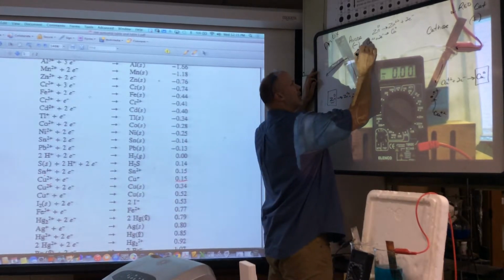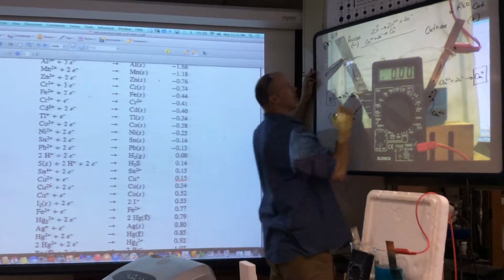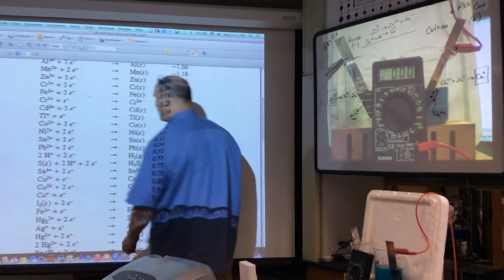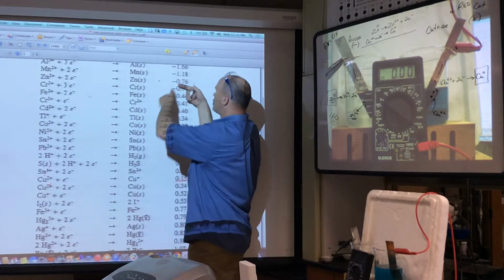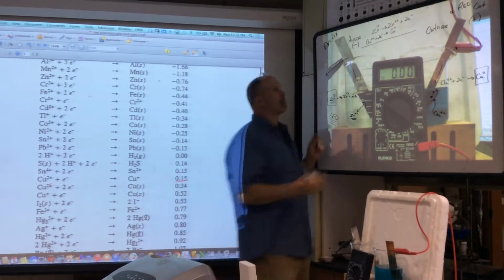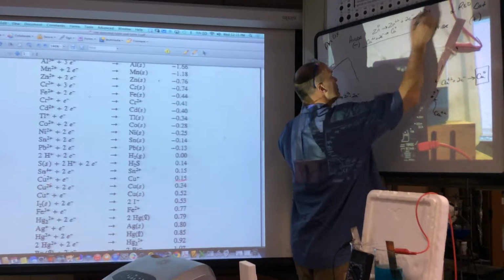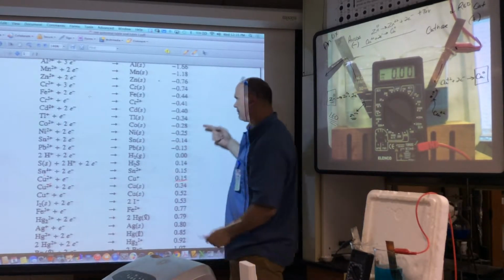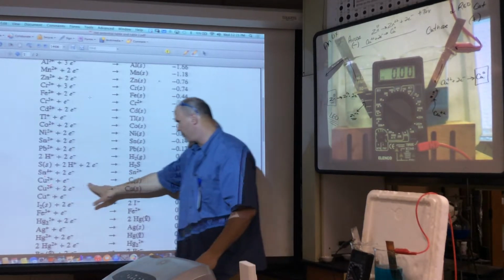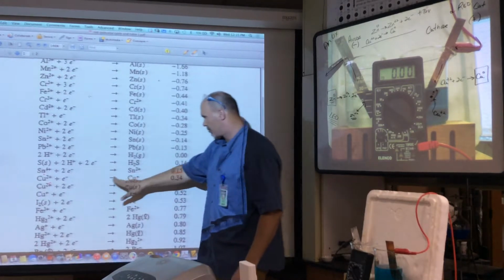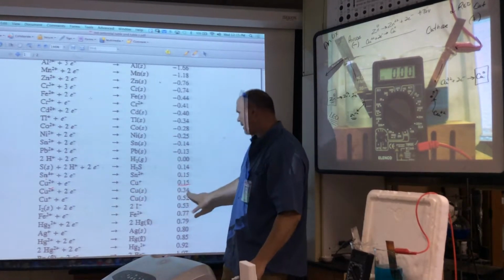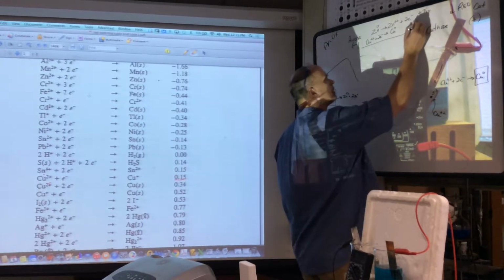Now, let's do the net potentials. Zinc oxidizing, going this way, you change the charge, is positive 0.76. Copper reducing, plus 2, is positive 0.34.